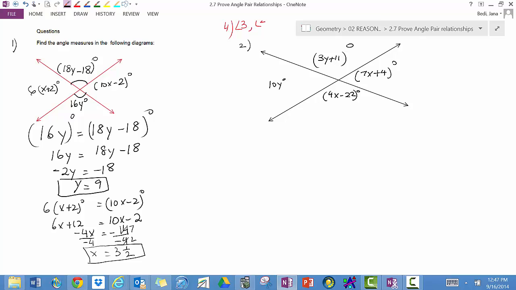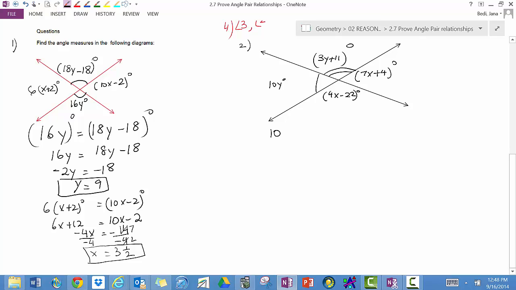So I'm going on my little hunt here, and I see that there's a 10y here, and I see that adjacent to that is an angle with a y in it, and these two angles fit the definition of a linear pair. I know that if two angles form a linear pair, they're supplementary, which means that they add up to 180.